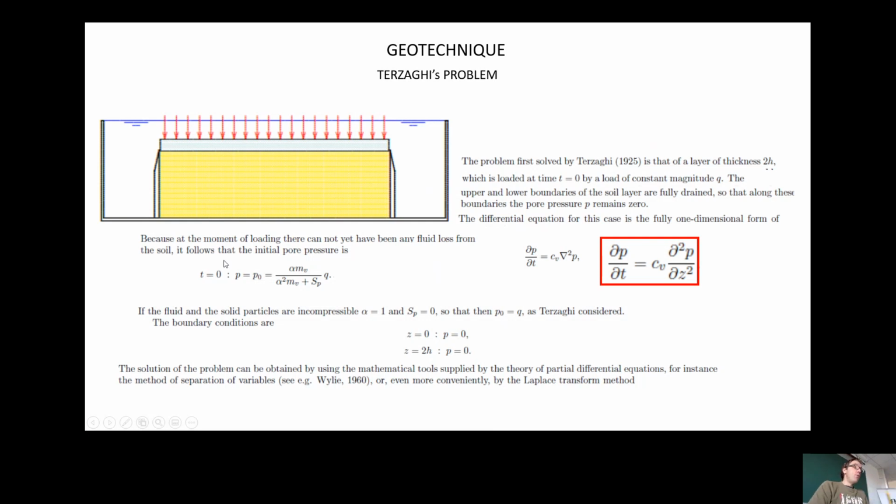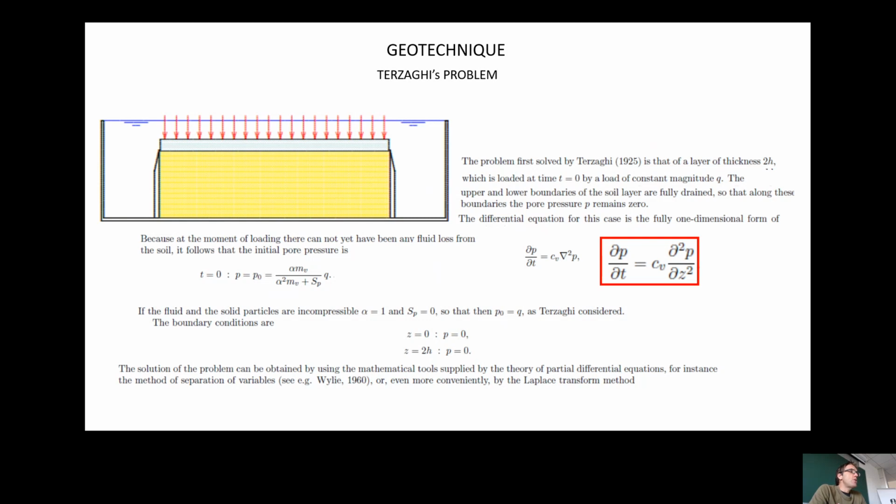Since at the moment of loading there cannot yet have been any fluid loss from the soil, we can consider the initial condition of the pore pressure, again at t equal 0, to be P0 equal alpha mv ratio alpha square mv plus Sp, times q, where q is again the load.